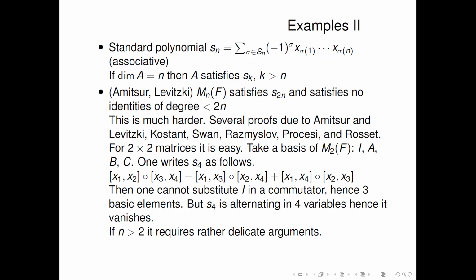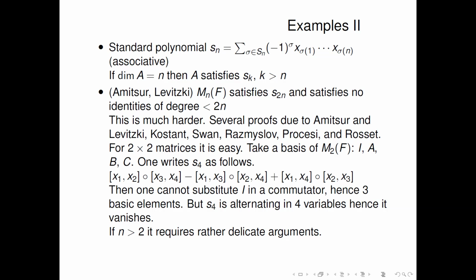In fact, to prove that M2 satisfies S4 is easy, since you can write S4 in this way, where this circle stands for the symmetric product, A times B plus B times A. So you can write S4 in this way. That is, you have products of two commutators. You take a basis of the vector space of M2, where you put as the first element the identity matrix, and then you choose the remaining three matrices arbitrarily in order to form a basis.